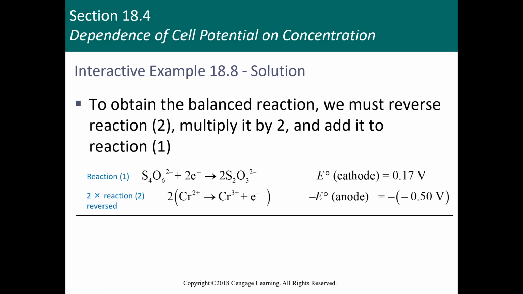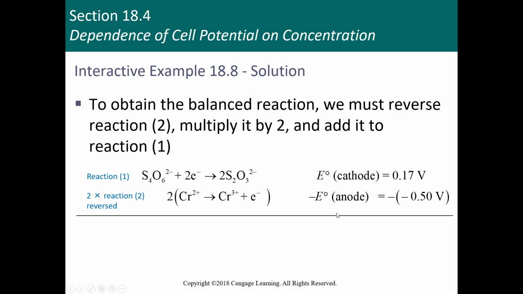And so the first thing we do is we go ahead and figure out which side is the cathode, which side is the anode. Of course, this value right here was positive, while the other value was negative. So this is going to stay as a reduction, the cathode. This other one has to flip so that we can get a positive value from it. And that means that is the anode, because that is an oxidation right there now. We need to get our number of electrons equal, so we multiply this by 2.